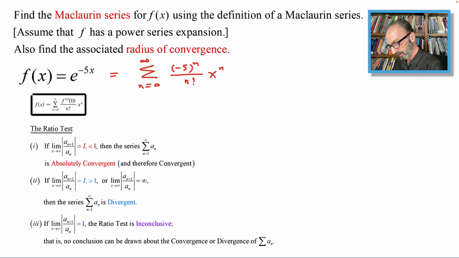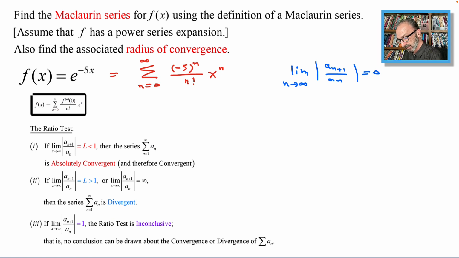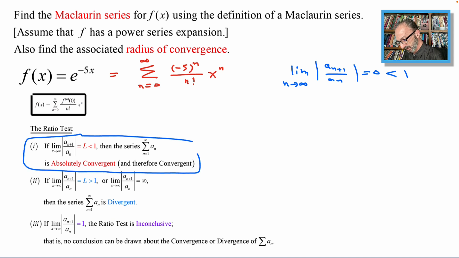And when we looked at the limit of the absolute value of a sub n plus 1 over a sub n as n approaches infinity, it came up to be equal to 0, which is less than 1. This is called the ratio test. With that in mind, we say it's absolutely convergent, so it is convergent. And that should do it.